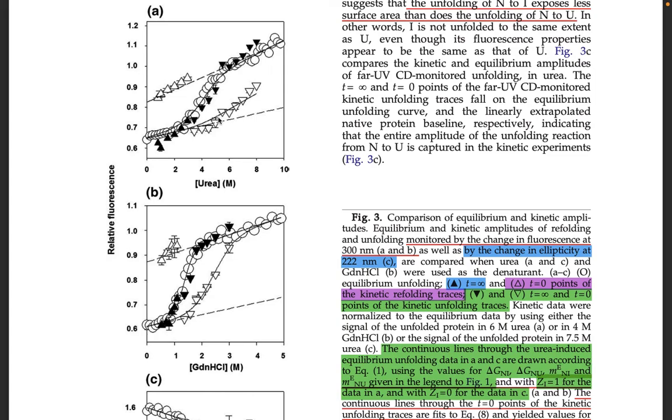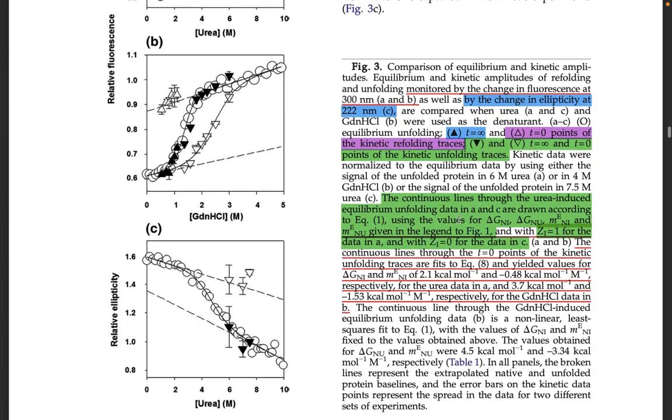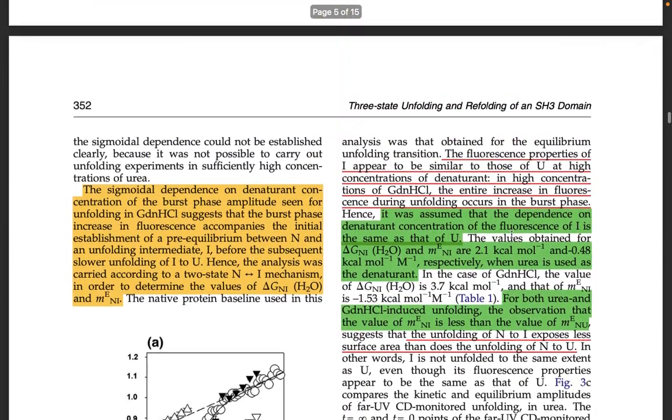And for unfolding, t equal to 0 means the protein remains in native conformation, and that's why it is falling on the baselines. But there are other arguments as well, because it is not completely falling on the baselines but going up. So to explain this, we'll read here.